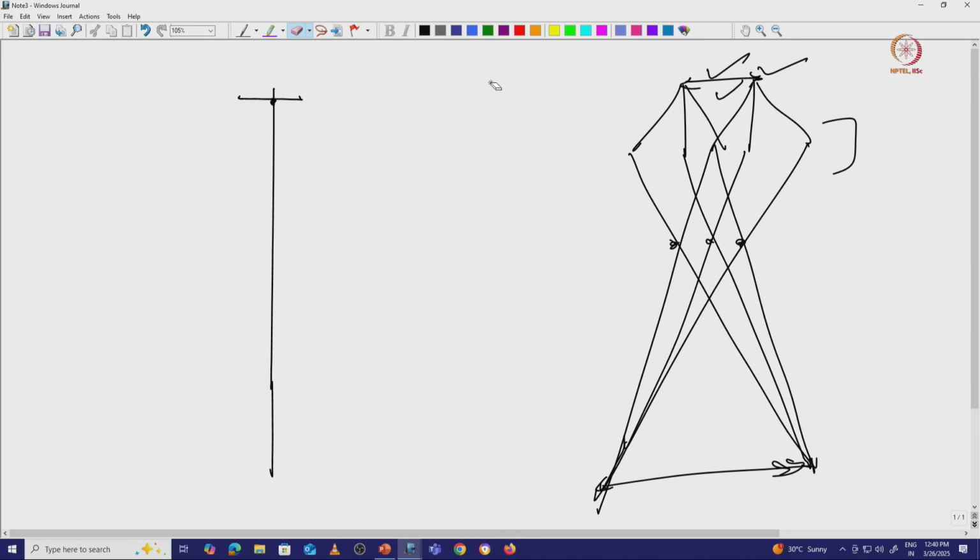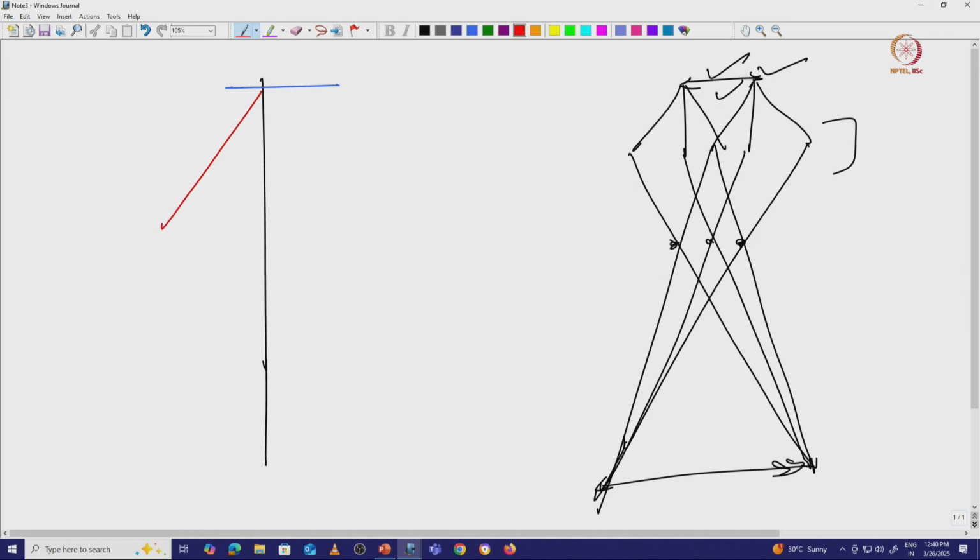So if this is our sample, here this is our optical axis, and let's consider that this is our specimen and the electron beams are coming out from this particular point.